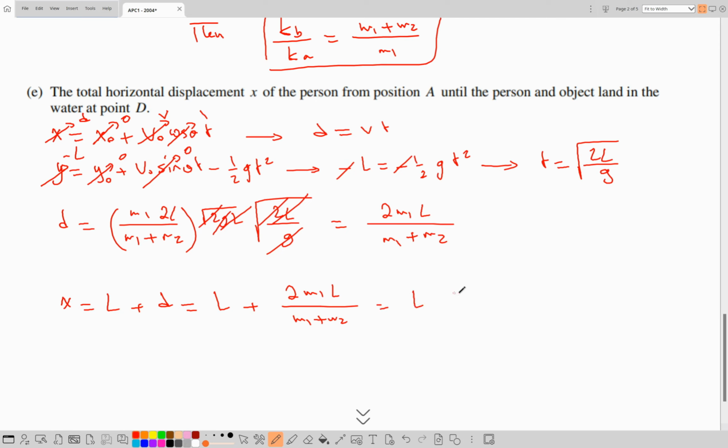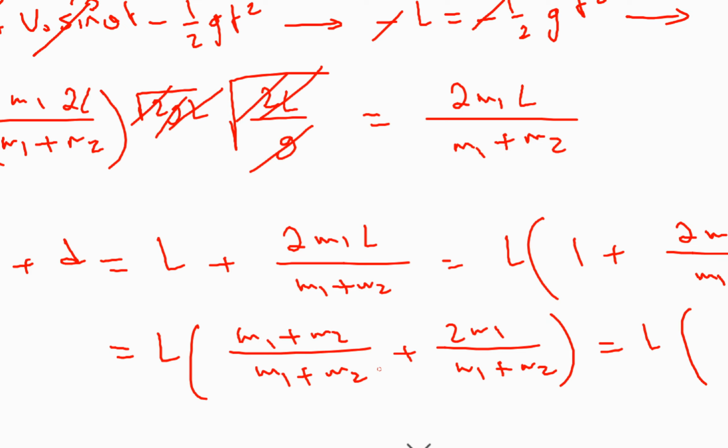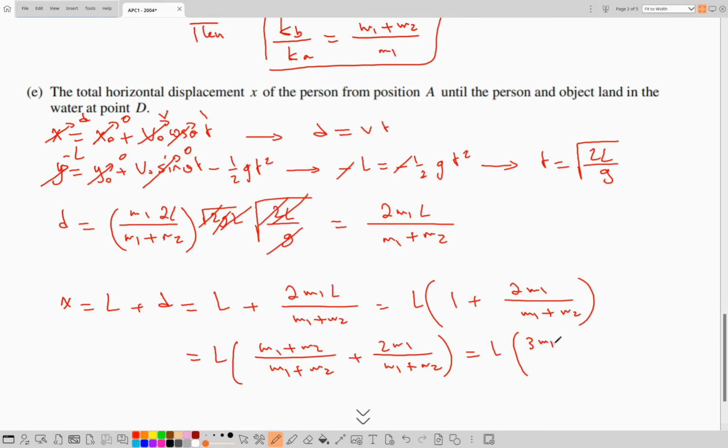Now we can factor out L. That would be 1 plus 2m1 divided by m1 plus m2. Here we can do the common denominator, and m1 plus 2m1 would give us 3m1 plus m2 divided by m1 plus m2.